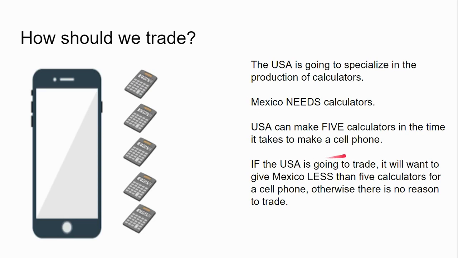If the USA is going to trade, it will want to give Mexico less than 5 calculators for a cell phone, right? If I can make 5 calculators or a cell phone, why would I give Mexico all 5 of my calculators for a cell phone? I could just make the cell phone myself. So if I'm going to give them calculators, I'm going to want to give them less than what I could have done on my own, so less than 5.